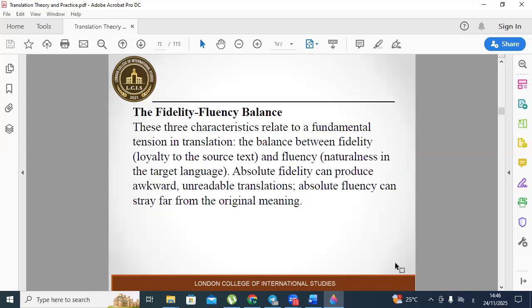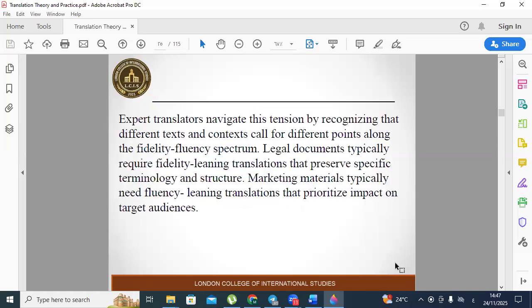Fidelity, fluency, balance. These characteristics relate to a fundamental tension in translation: the balance between fidelity, loyalty to the source text, and fluency, naturalness in the target language. Absolute fidelity can produce awkward, unreadable translations. Absolute fluency can stray far from the original meaning.